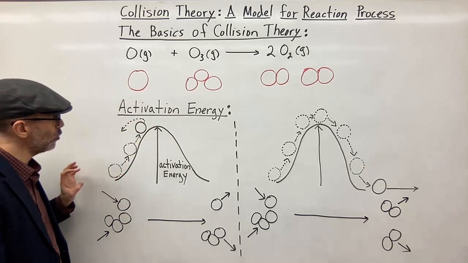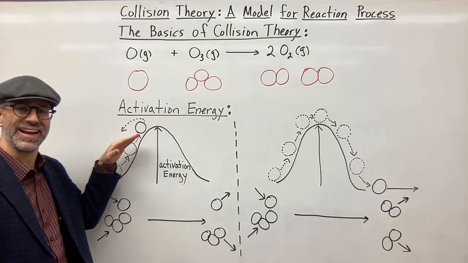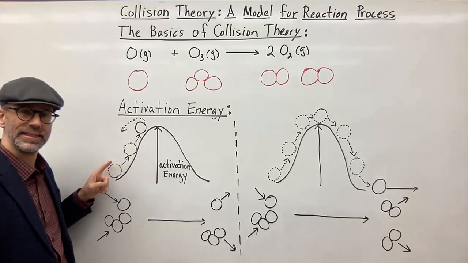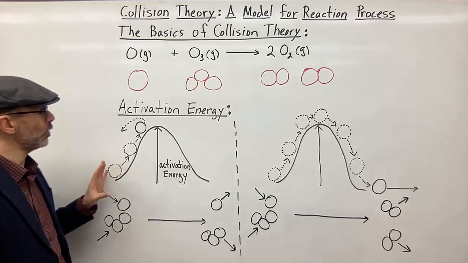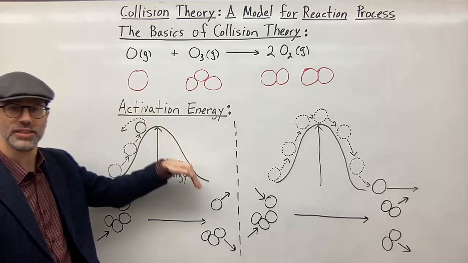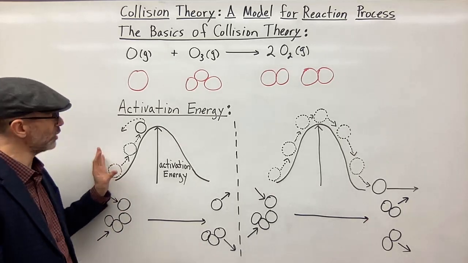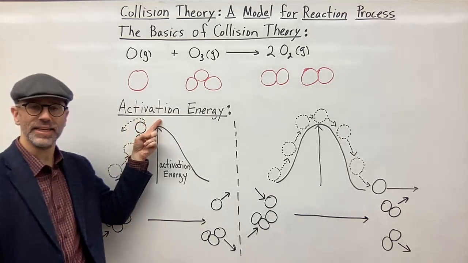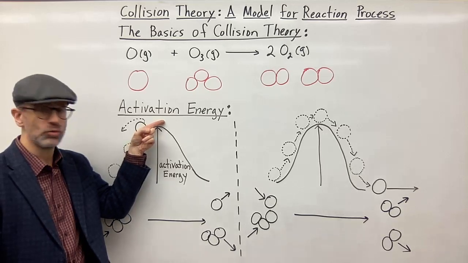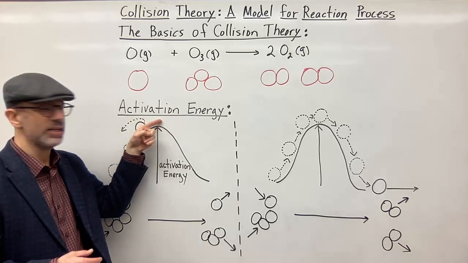If I don't put in enough energy, the ball will roll up to a certain height, and then it'll roll back down. And so it won't go over the hill and reach the other side and go down the other side. So just as I need enough energy to get it up here, once it gets up here and starts to roll down, no more energy is needed because the gravity will take over.